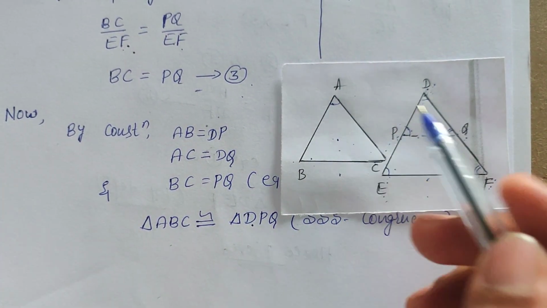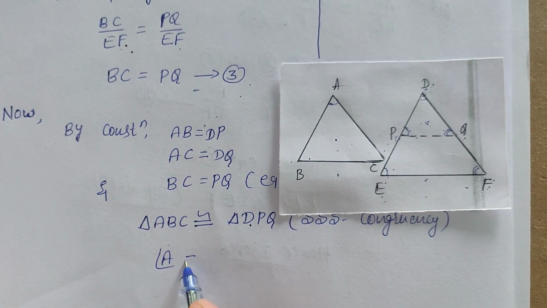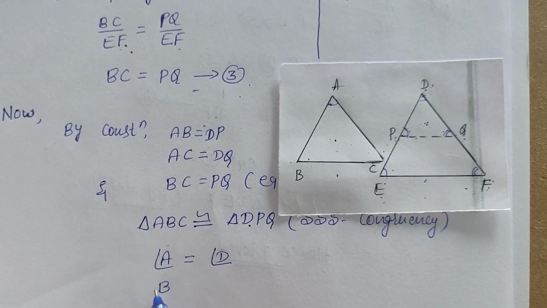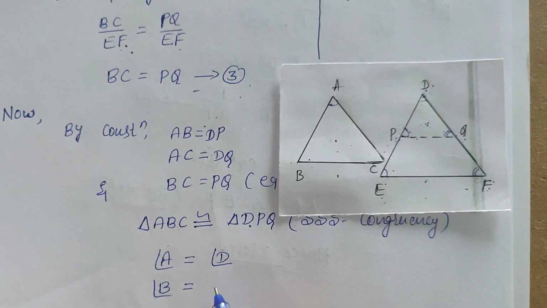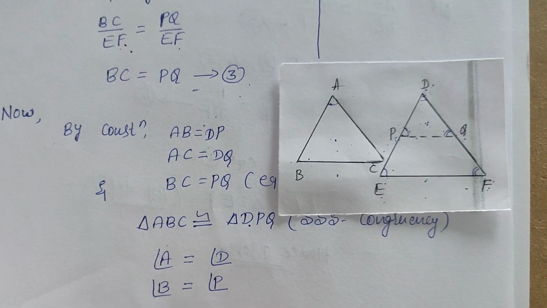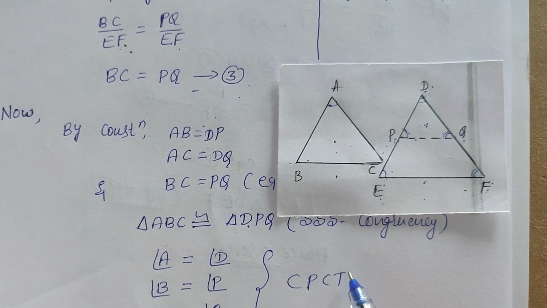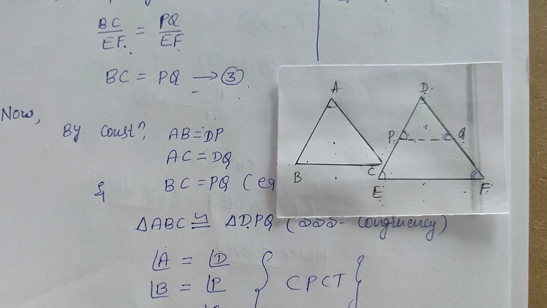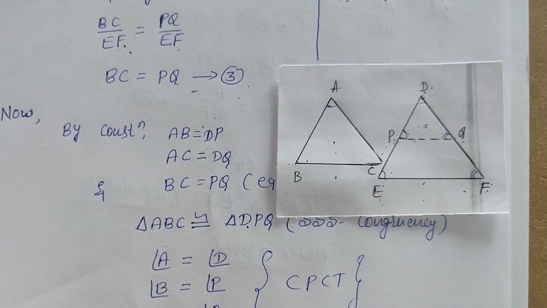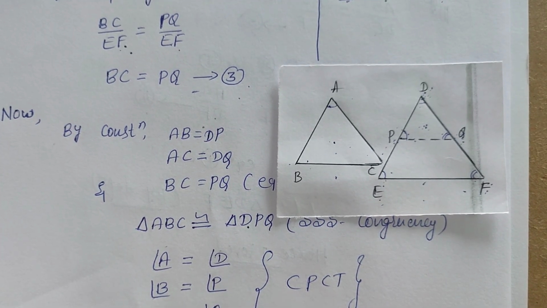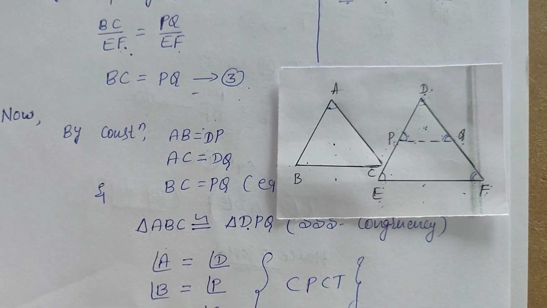That is, angle A is equal to angle D, angle B is equal to angle P, and angle C is equal to angle Q. So this is by CPCT, because all these three pairs are corresponding angles of these two congruent triangles. So you can name this as equation number 4.